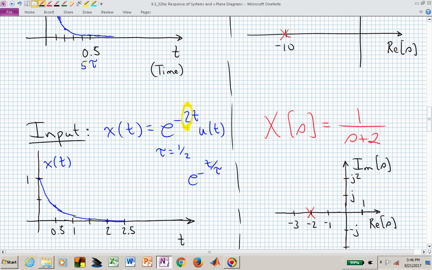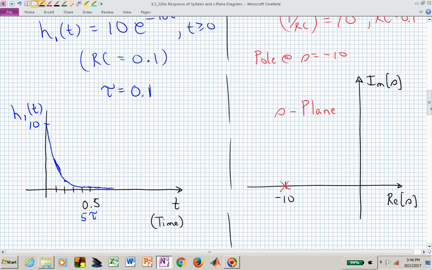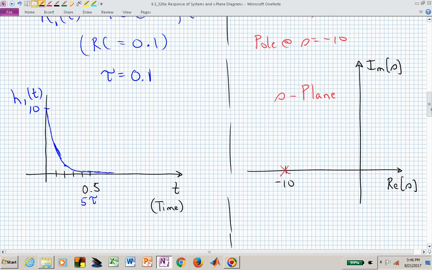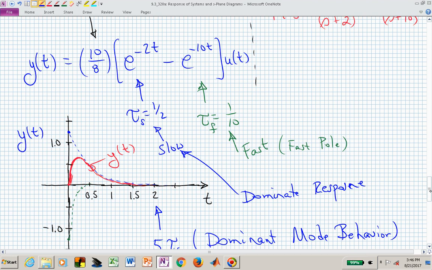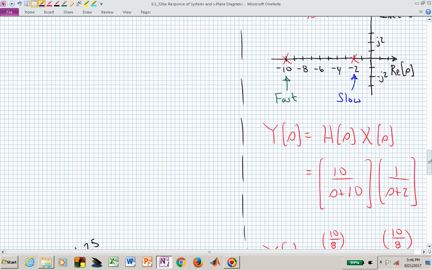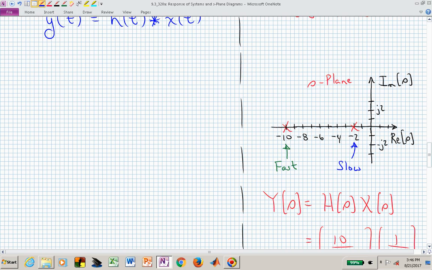decaying waveform x of t to the input of a low-pass filter that has a time constant of tau equal to 0.1. Those play together and produce this waveform for an output little y of t. That now is combining these two poles in the S-plane.